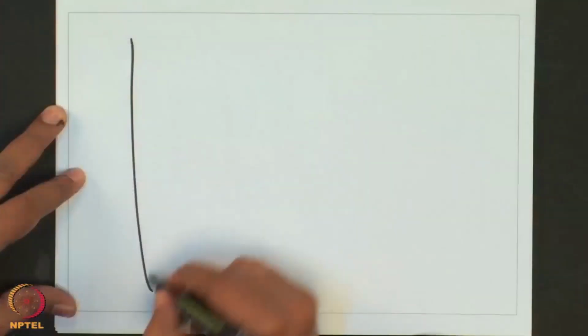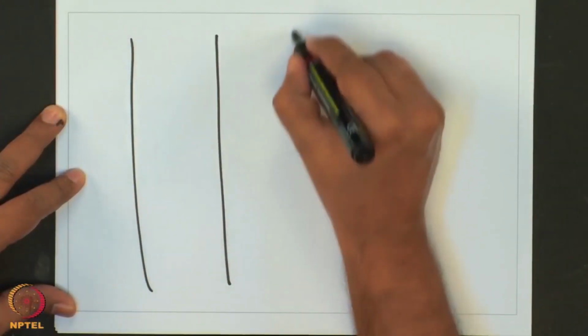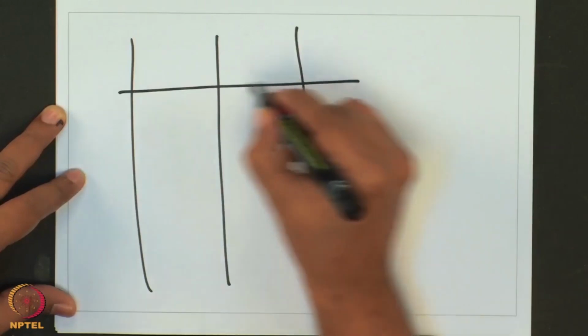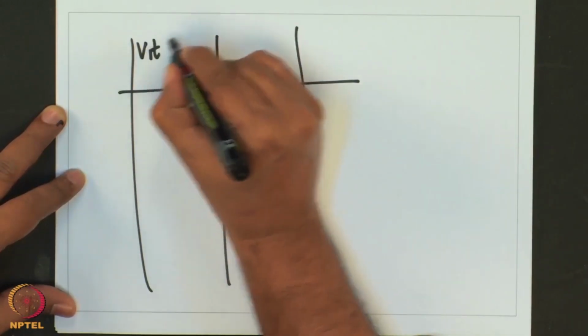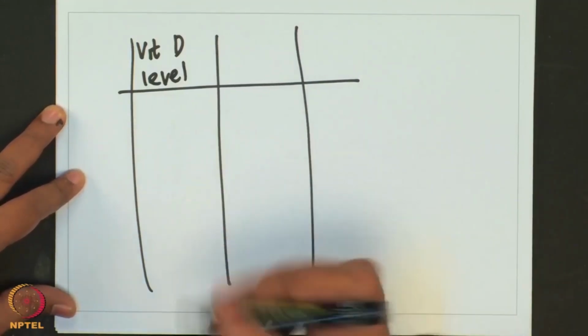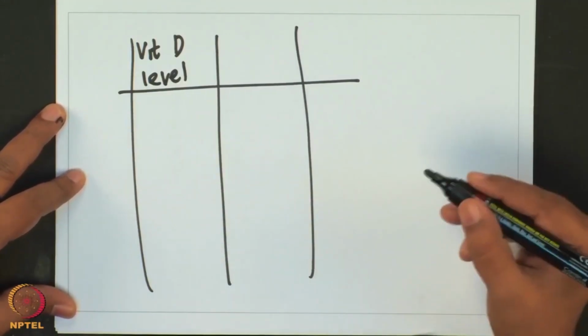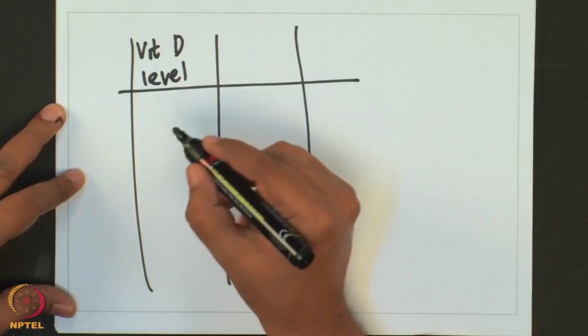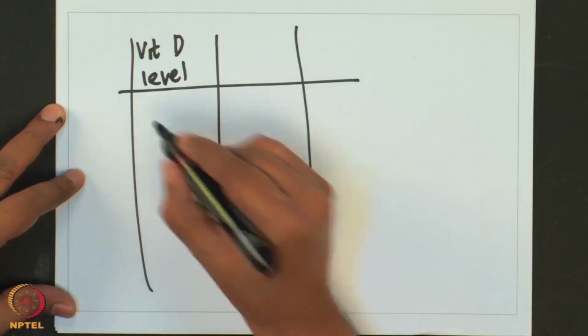So we are going to plot vitamin D level for a population. So we have a population, and the first one is vitamin D level, and this would be in some typical unit that one would get from a lab. So in some unit, typically this could be around 25. Let us say vitamin D level is around 25 units.